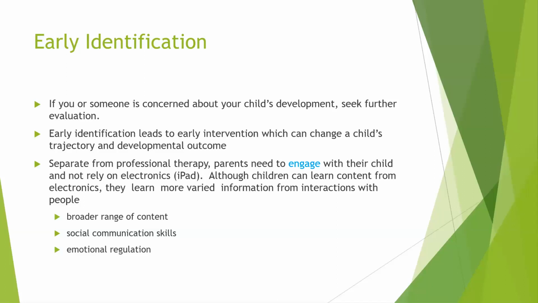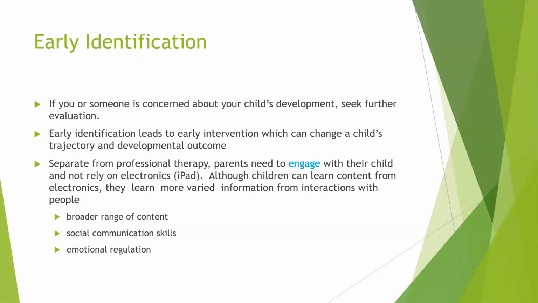Early identification, of course, leads to early intervention, which I said can definitely change a child's trajectory and developmental outcome. And separate from the professional therapy of speech therapy, occupational therapy, and social skills therapy, the parents themselves need to engage with the child and not just rely on electronics to entertain the child or to relate with the child.